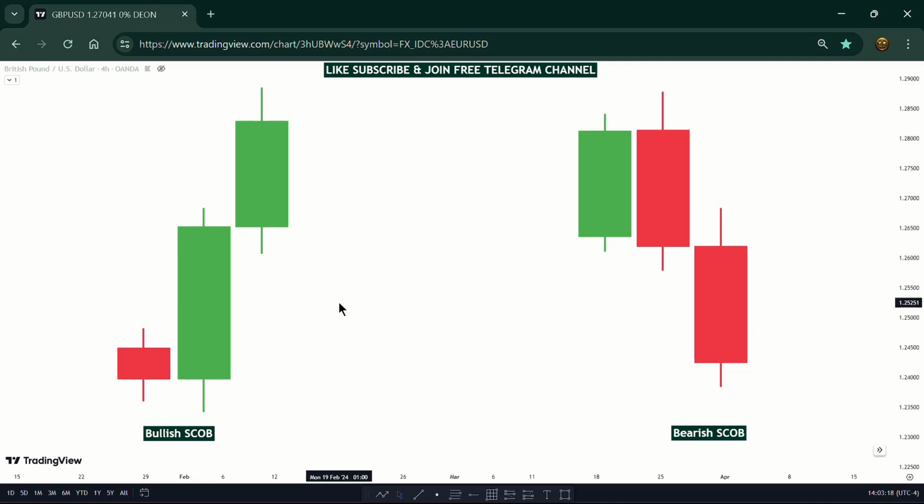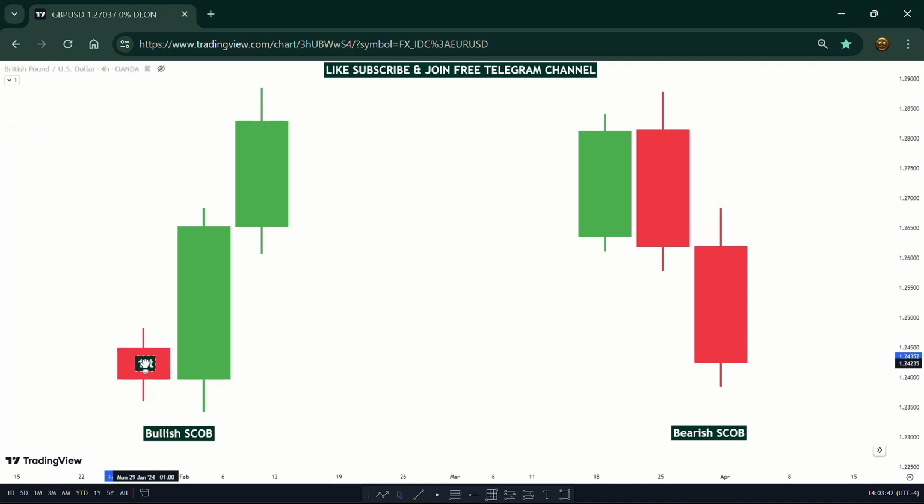All right, so this single candle order block is a three candle pattern. First you need one candle. So this is the first candle.